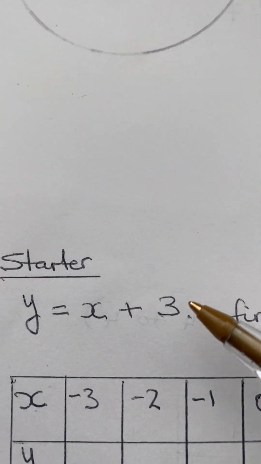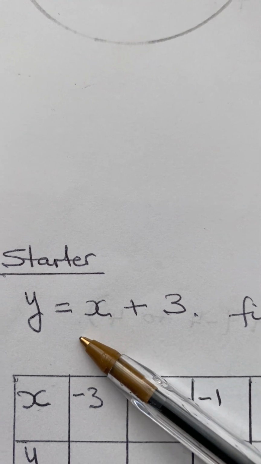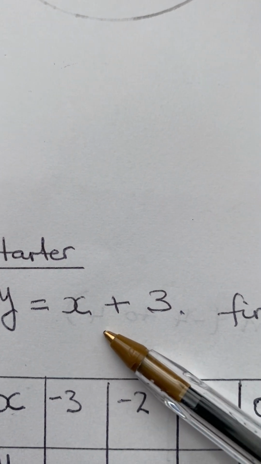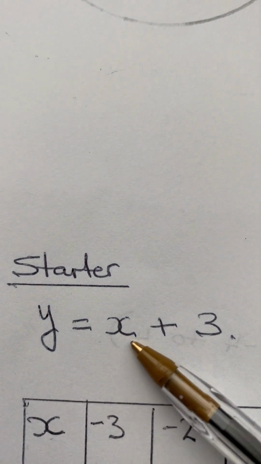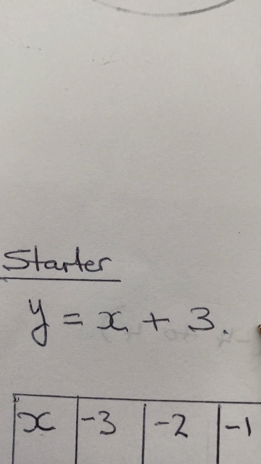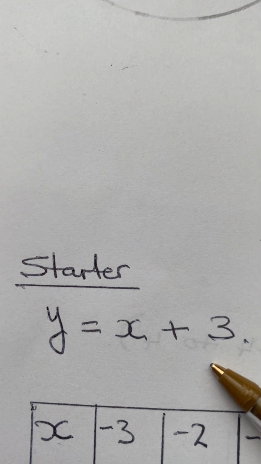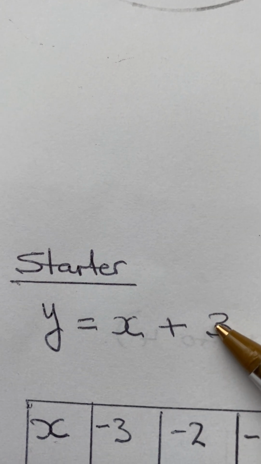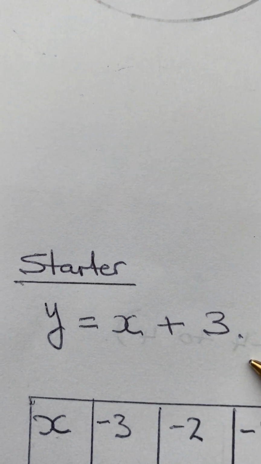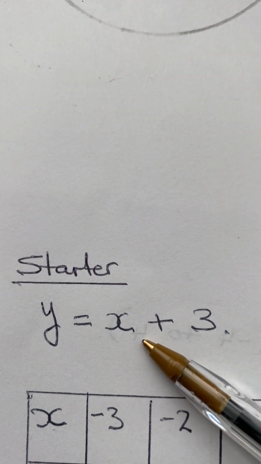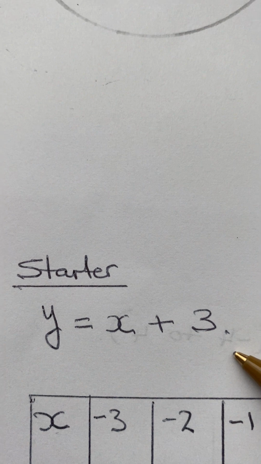Now I'll start out. We have the line y equals x plus 3. We've done linear graphs already, but we want to have a look at it again because we are going to need it for the next few videos. y equals x plus 3.